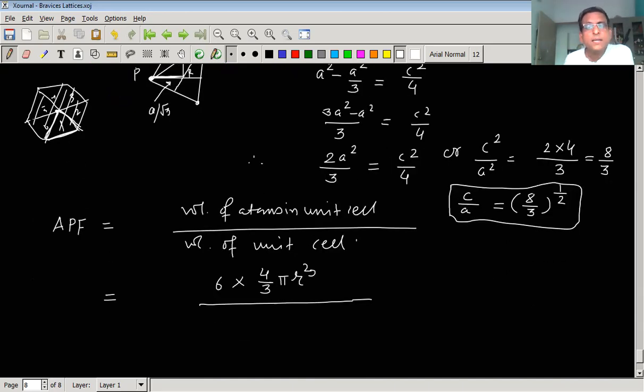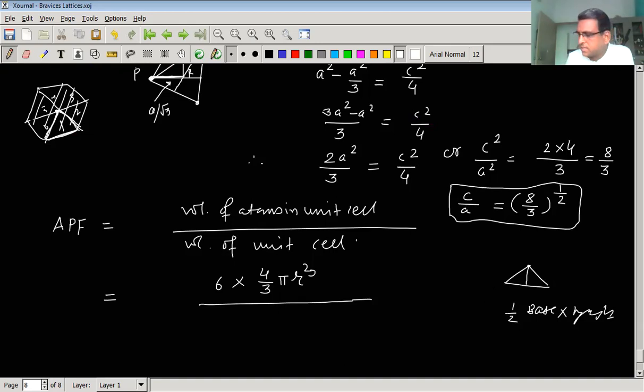So area of triangle is given by half into base into height. Suppose if this is the triangle, then area of triangle is given by half into base length into height.